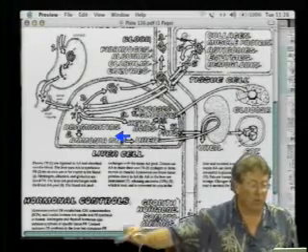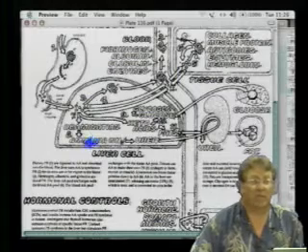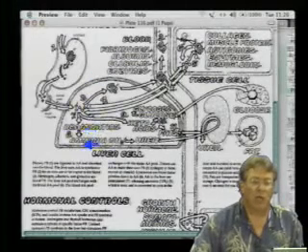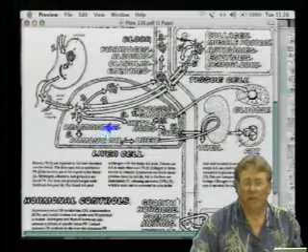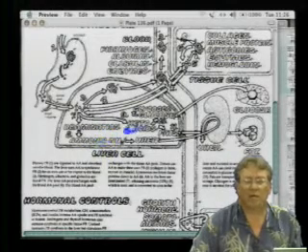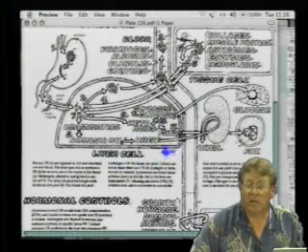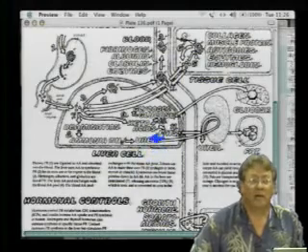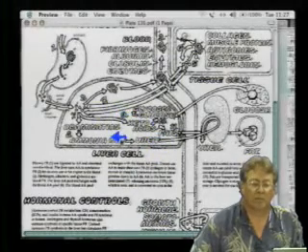And so what I want you to know is that in this deamination or breakdown of proteins in the liver, you produce ammonia. Ammonia is toxic, so in mammals, this ammonia is converted to urea. We talked about urea trapping in the kidneys, urea as a waste product. It's a waste product of protein metabolism.